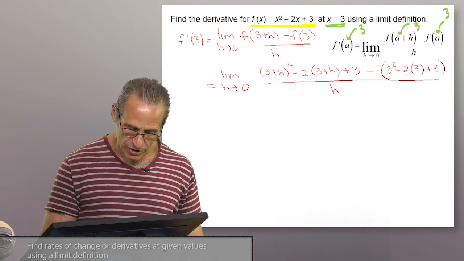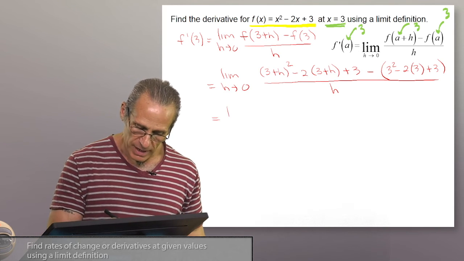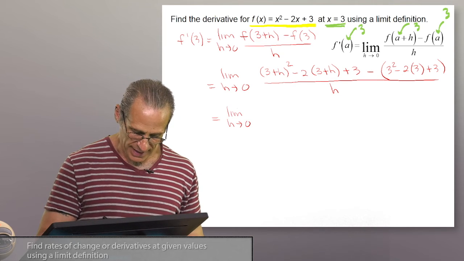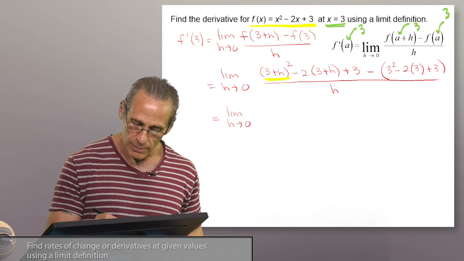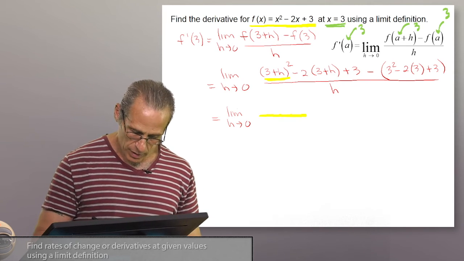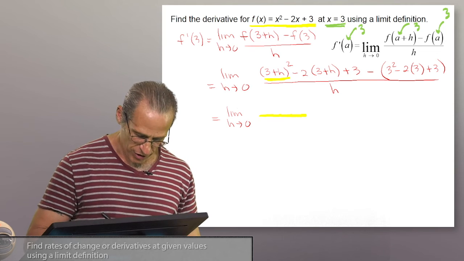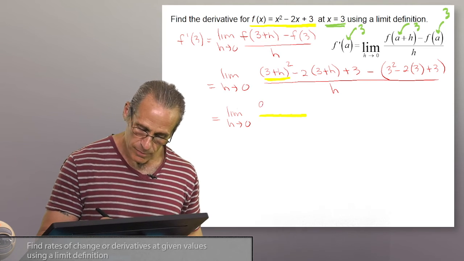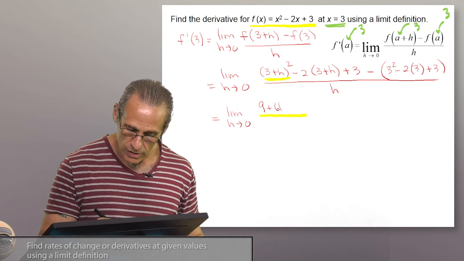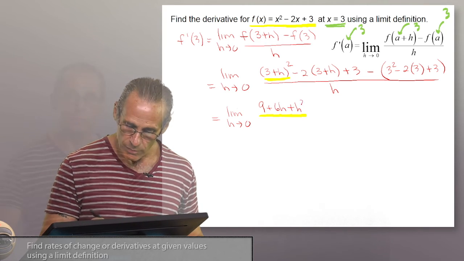So this is where the algebra kicks in. I have the limit as h goes to 0. And if I allow my eye to look right here, I'm going to multiply out 3 plus h squared. Well, when I do, I get 3 squared, which is 9, plus 3h doubled, that's 6h, plus h squared.